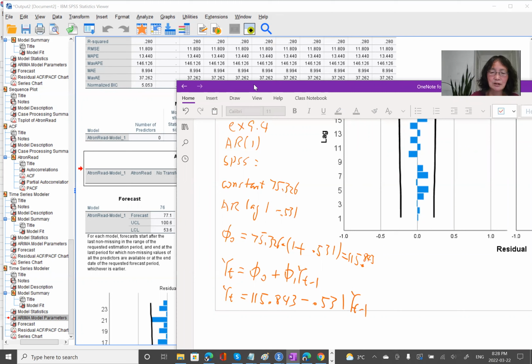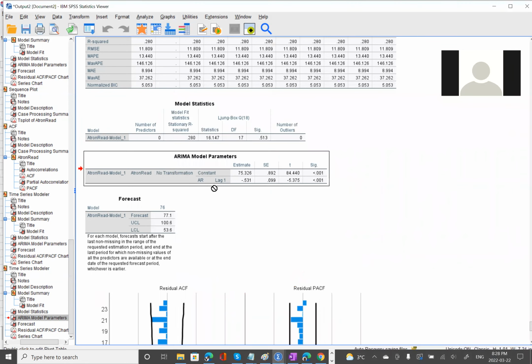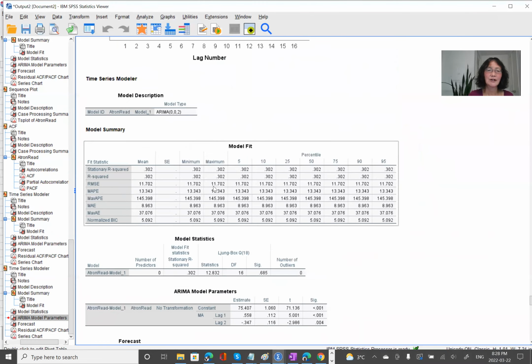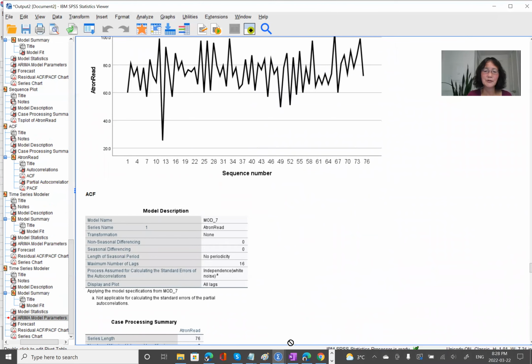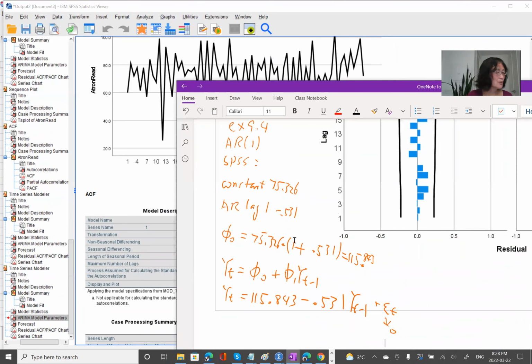This is your model plus error term. When you do forecast, error term goes to 0. So this is the AR1 model. Any questions? So in example 9.4, we proposed 2 models. One is the MA2 model, the other is the AR1 model.